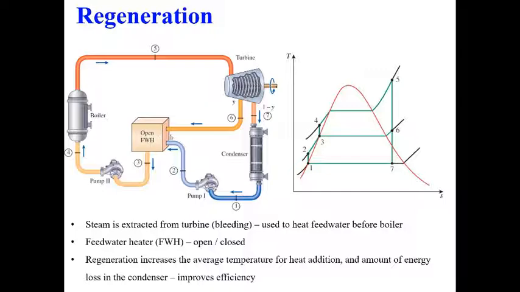So using this heat, we actually heat the fluid that is supplied to the pump, such that when it reaches the boiler, it is at a higher temperature. So you can look at it here. Initially the fluid is going from 1 to 2 and 2 to 3, which is here.